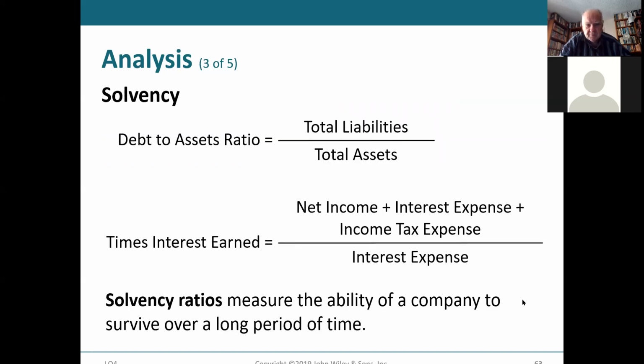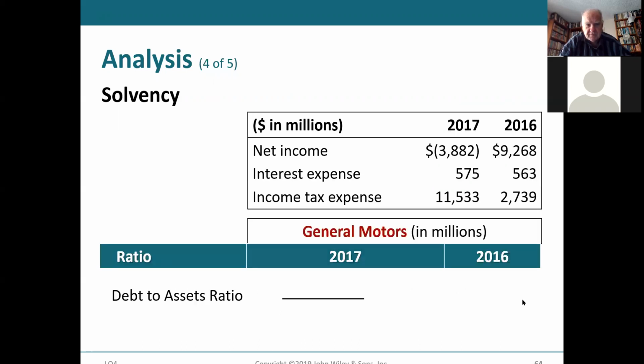Solvency, we did this one too. Total liabilities divided by total assets. We did debt to assets. Total debt divided by total assets gives you 83%. It means that for every asset that General Motors has, they had to borrow 83 cents to get their hands on it.